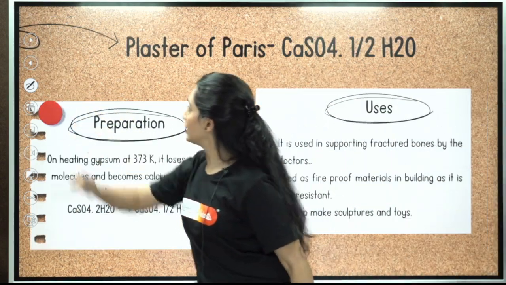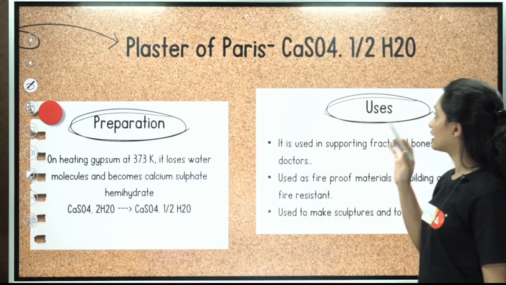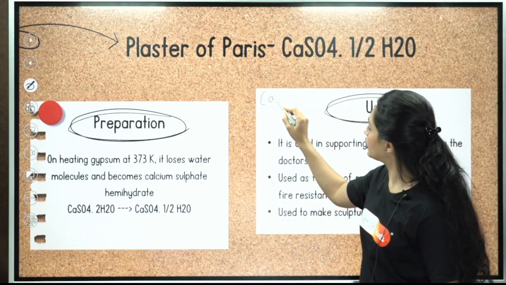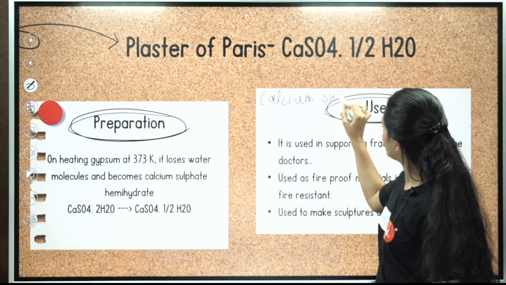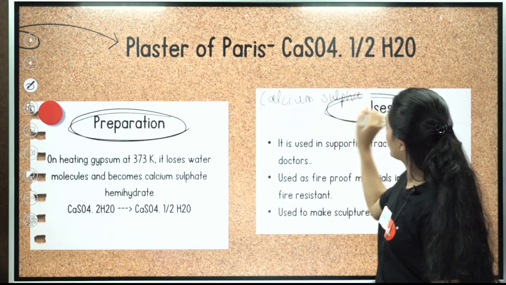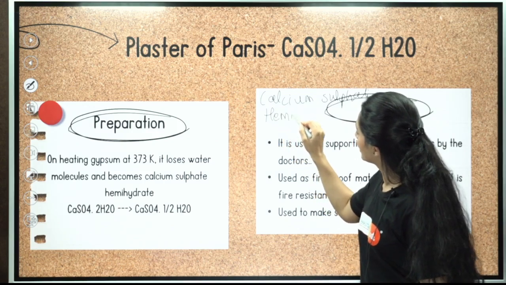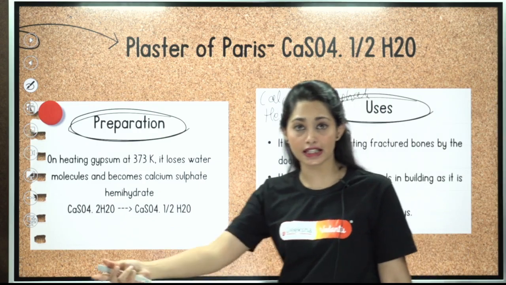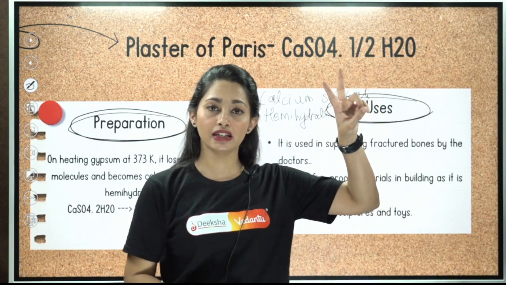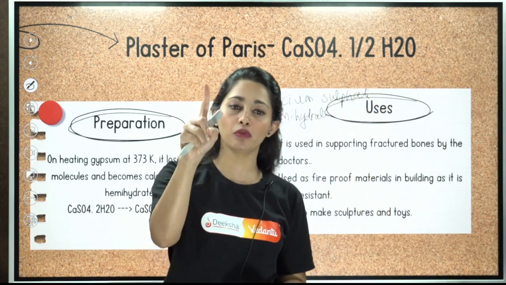Moving on to the next one, plaster of Paris, calcium sulfate hemihydrate. Hemi means half. You might be wondering how there can be half a molecule of water of crystallization. Two calcium sulfate molecules are going to share one molecule of water.